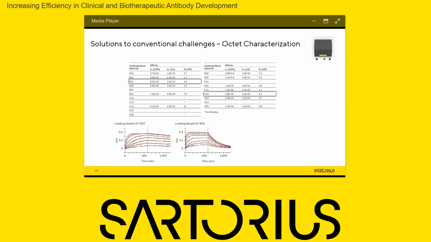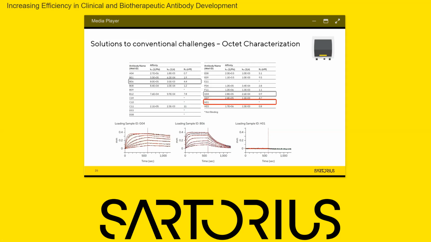And the sensorgrams at the bottom here show further detail on the kinetics of binding for these two antibodies and also highlight a non-binding sample, H01, that was confirmed not to bind to EGFR by both iQue and Octet analysis. So the sample B06 displays a high on rate, which you can see in the middle graph here.